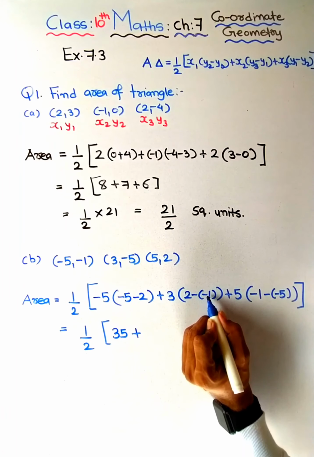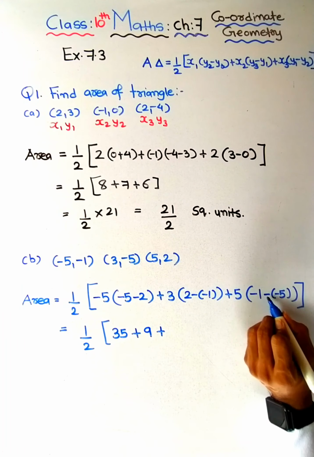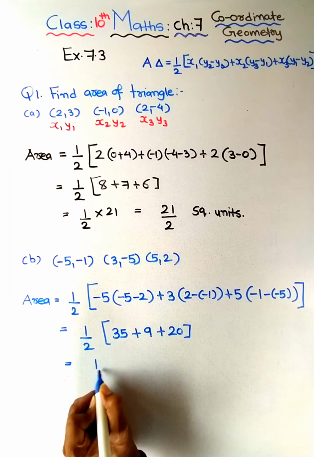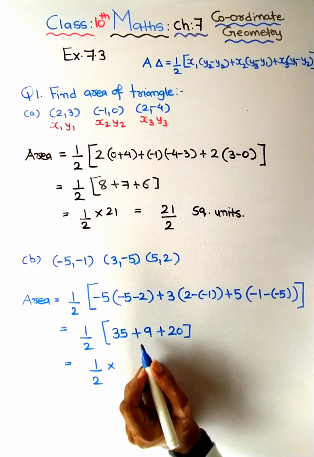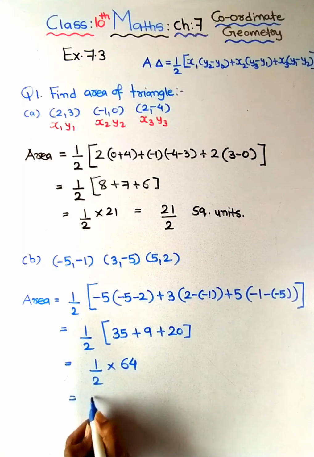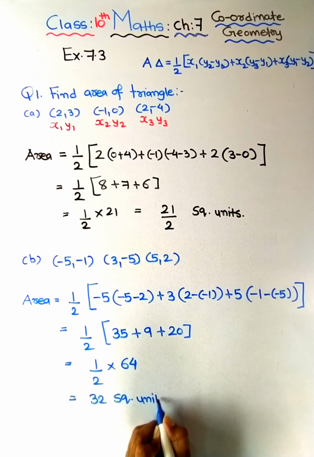Over here 2 minus 1 is 3. 3 3s are 9. Same way minus 1 plus 5 is 4. 4 5s are 20. So the addition of all the terms in the bracket, that is 35 plus 9 plus 20, is 64. So our answer will be 32 square units.